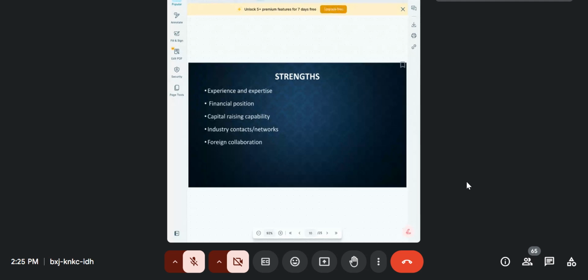For some expertise or some element of the project, you might need to collaborate. So industry contacts and network might be key in the success of your project. Then of course there's also foreign collaboration, especially if you're looking to spread out your nets to a wider territory.